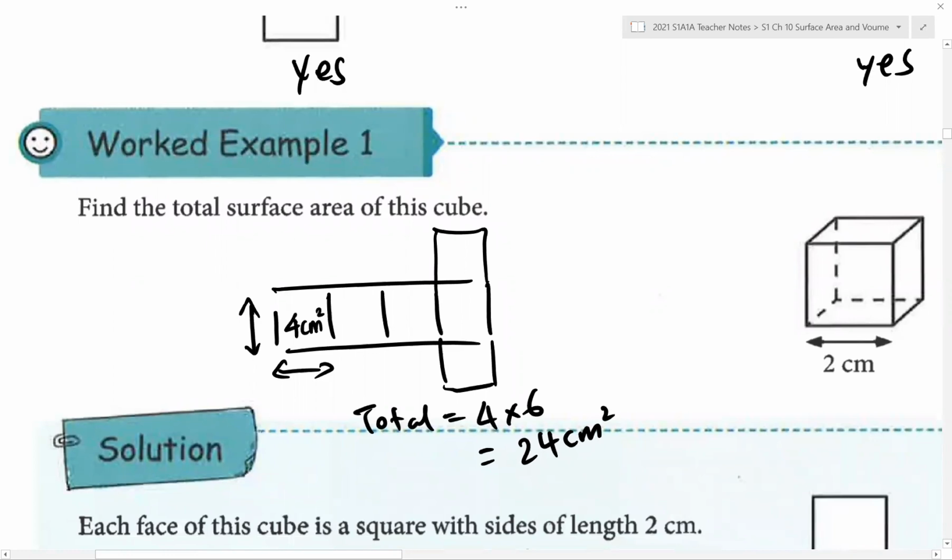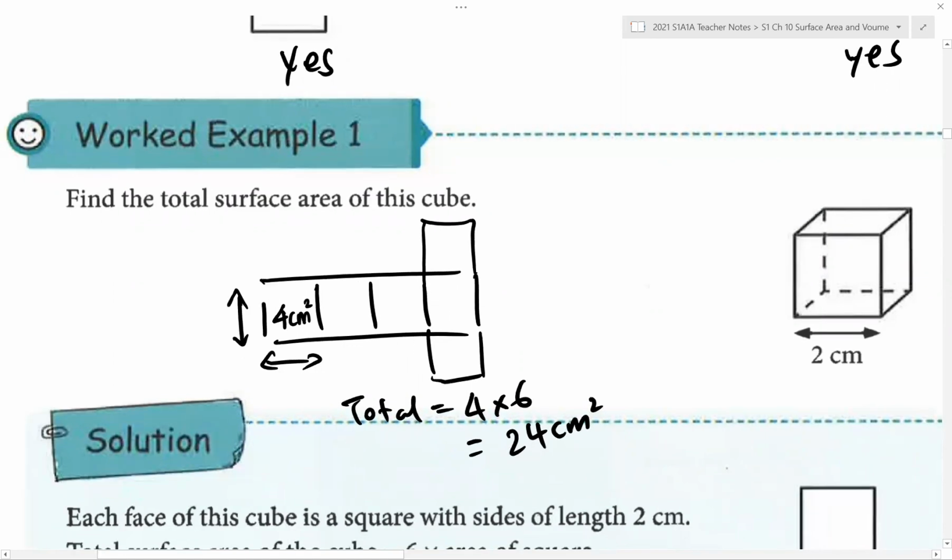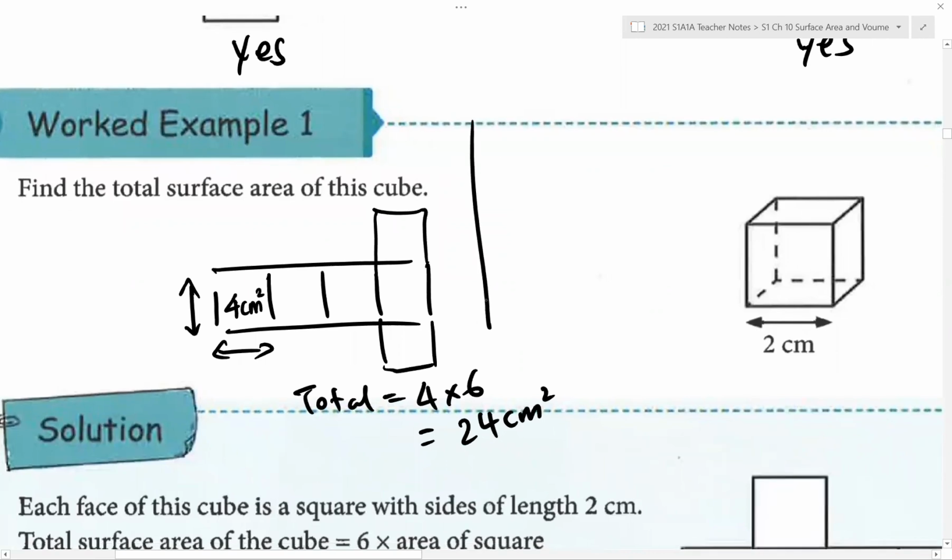Yes? Say again? One of the methods, okay. One way to find the total area of a cube will be area equals 6 times 2 times 2, and we still get 24 square centimeters.